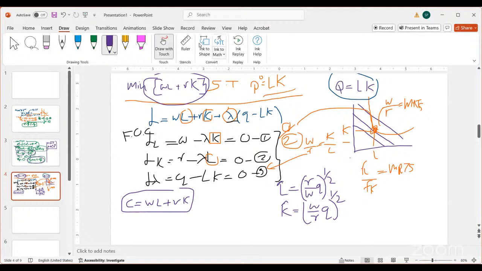If you plug in the L hat and the K hat, the optimal values, you will get the minimum value cost function.